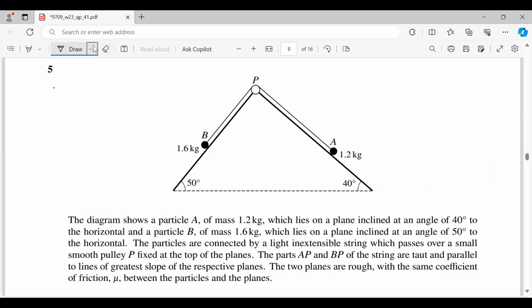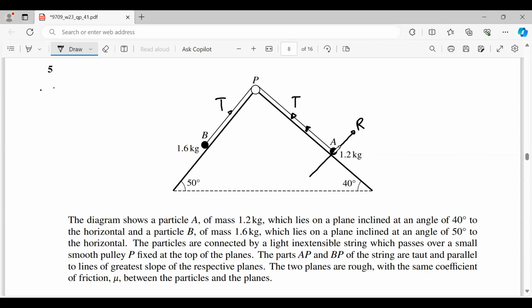Okay, so now I will explain all forces acting on particles A and B. Firstly, the string tension T on A and T on B, and these are forces as well, and the resultant.